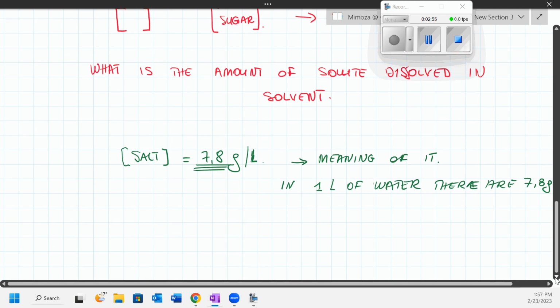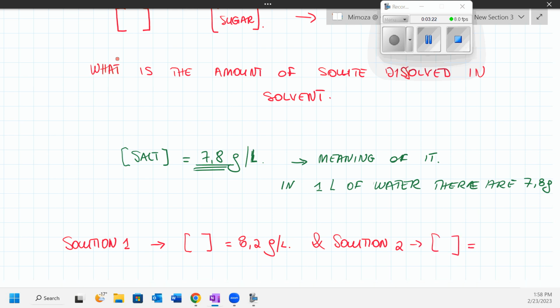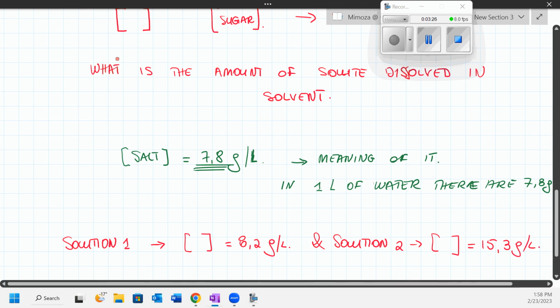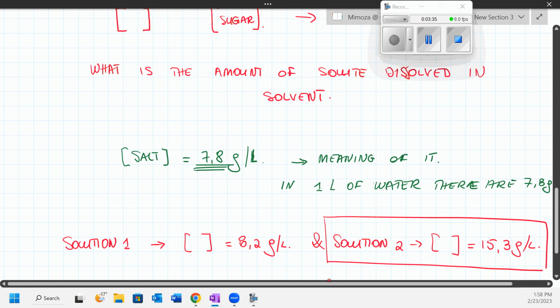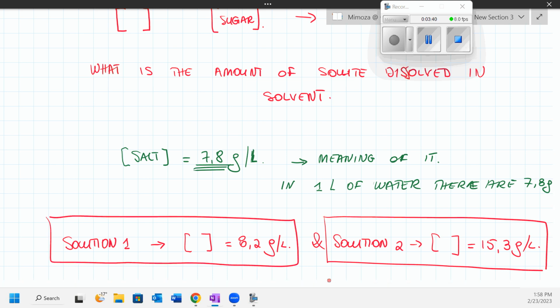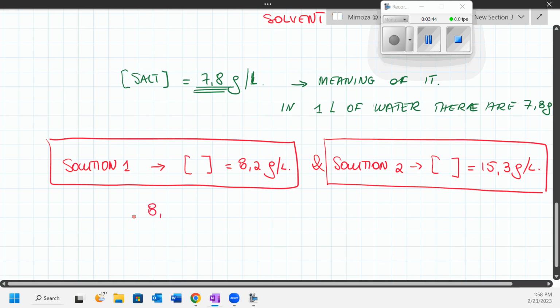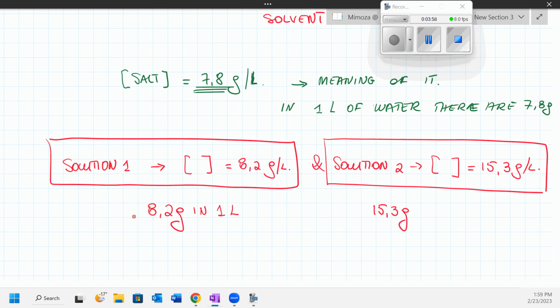So if you have two solutions, let's suppose solution 1 with a concentration of 8.2 grams per liter, and solution 2 with a concentration of 15.3 grams per liter, then you will conclude that solution 2 is more concentrated than solution 1, because in solution 1 you have only 8.2 grams in 1 liter, versus 15.3 grams of whatever the solute is in 1 liter in solution 2.